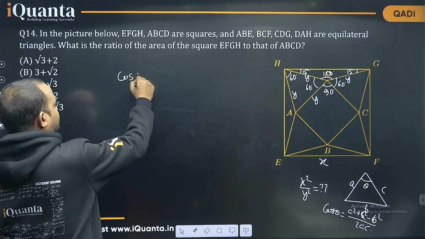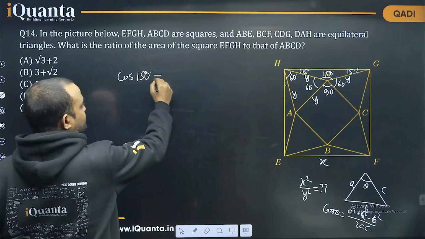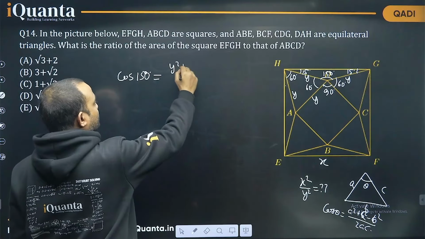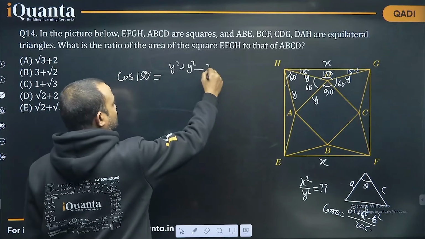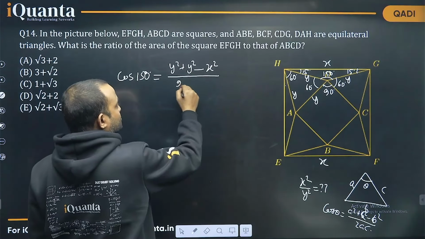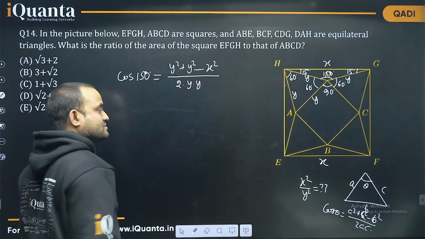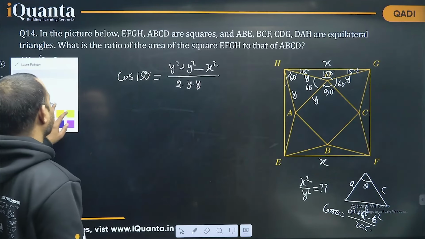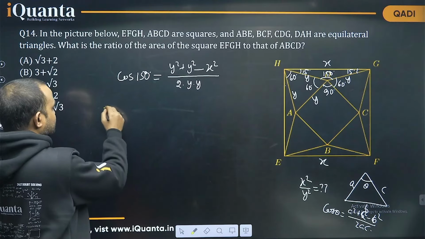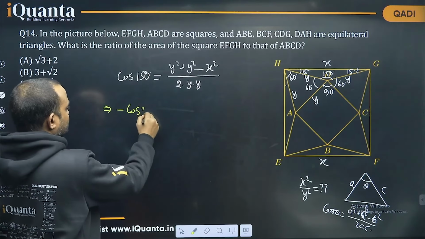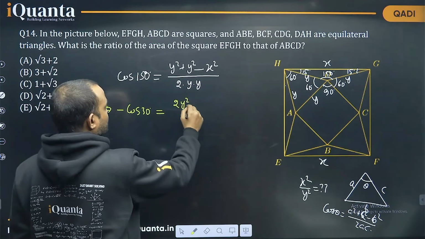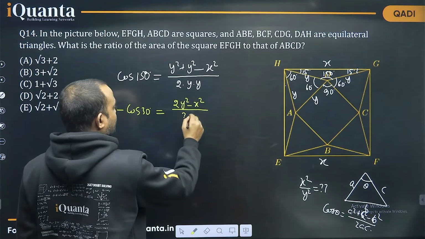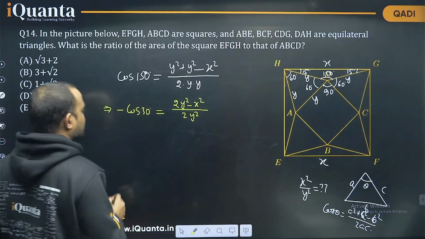Cos 150 degrees is equal to Y square plus Y square minus this length, which is same as this, X square, upon 2 into Y into Y. Now, what is cos 150 degrees? Cos 150 degrees is same as minus cos 30 degrees, and that is equal to 2y square minus x square upon 2y square.